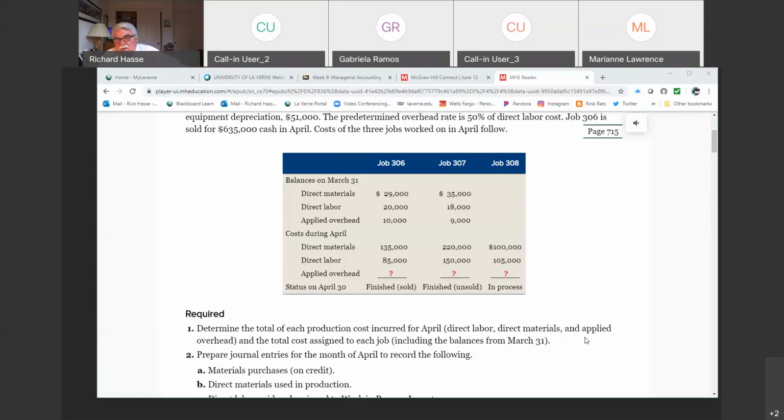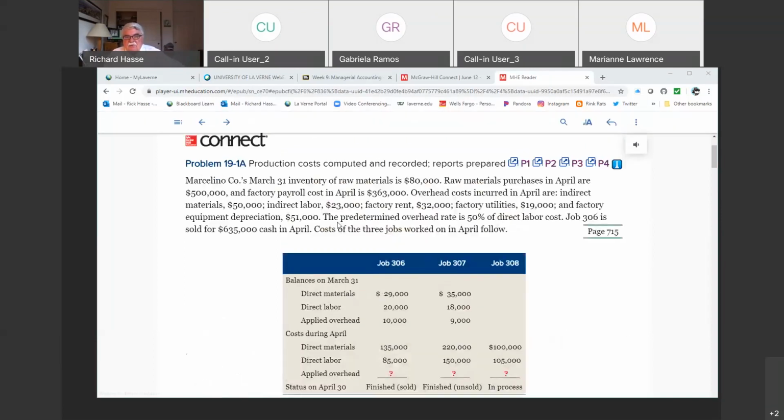And in this problem, it is told to us in the example right here. It says right here, predetermined overhead rate is 50% of direct labor cost. That's their overhead rate, 50% of direct labor cost.